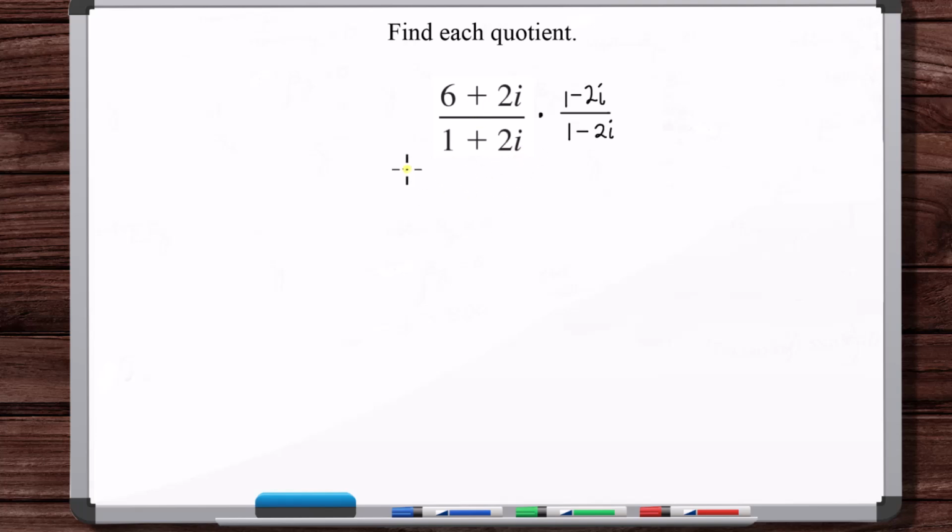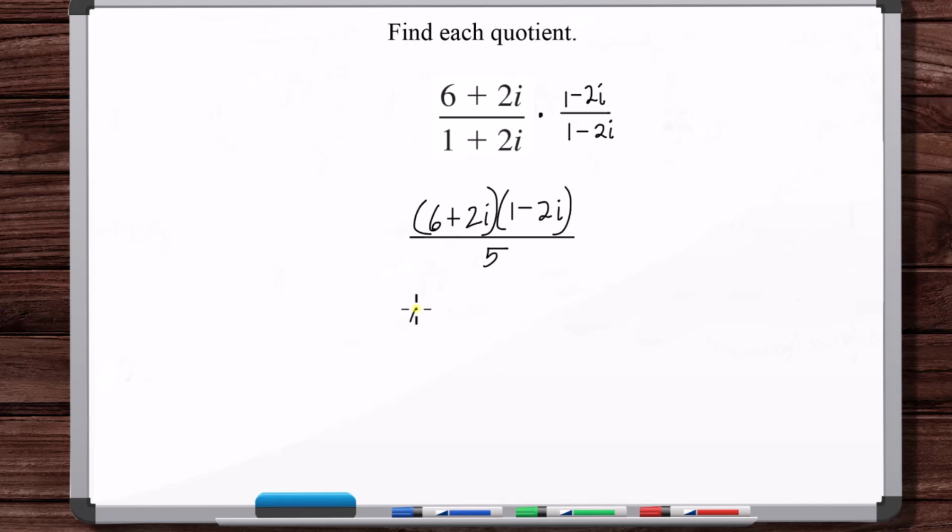So, okay, we've got 6 plus 2i, and then 1 minus 2i. 1 plus 2i times 1 minus 2i is 1 minus 4i squared. That's 1 plus 4, which is 5. Now we just multiply these two complex numbers like we just did in the previous problem.